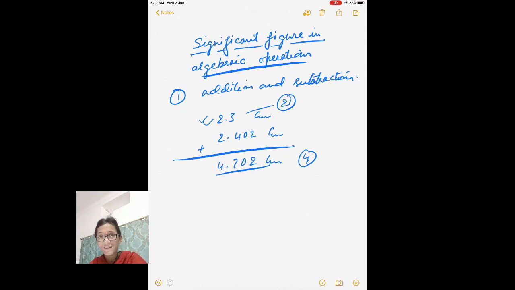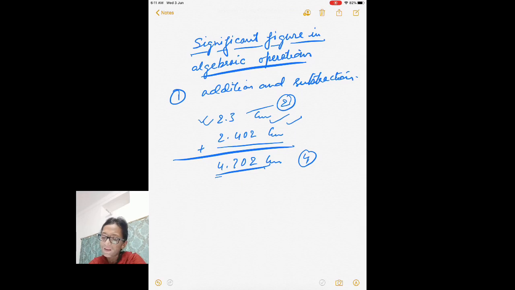This cannot be done. So here the significant figures change, and we retain the number of decimal digits of the least precise number in the final result. Here, your least precise number is 2.3. The other is a more precise and more accurate number, because its measurement goes up to the thousandths place of the decimal. So your result cannot be even more precise, more accurate than the thing from which you have derived it.